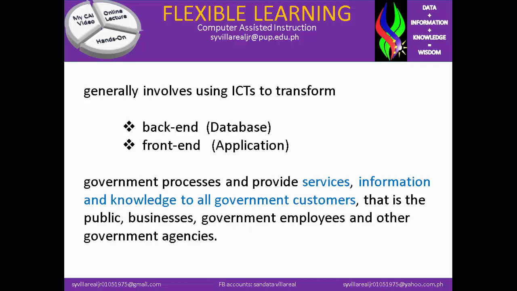Generally, e-government involves using ICTs to transform back-end databases and front-end applications, government processes, and to provide services, information, and knowledge to all government customers. That is the public, businesses, government employees, and other government agencies.